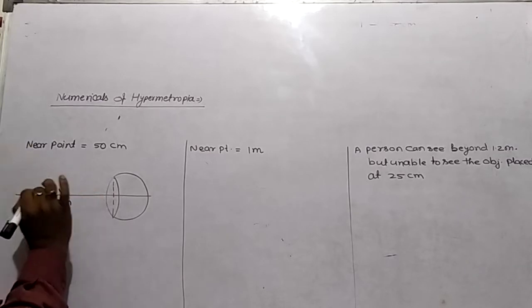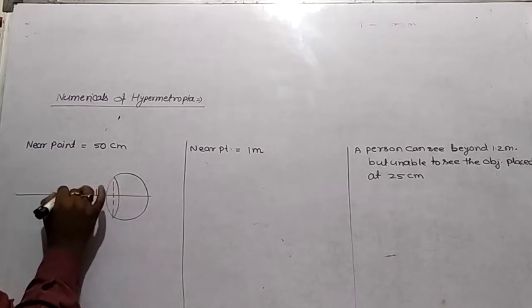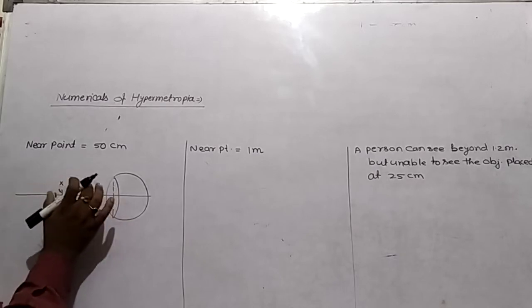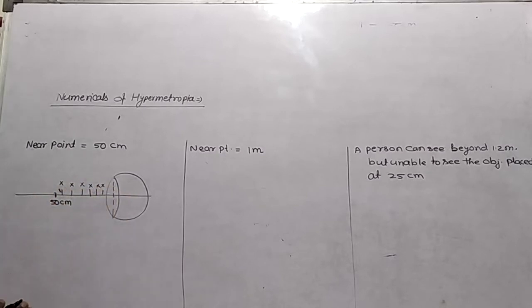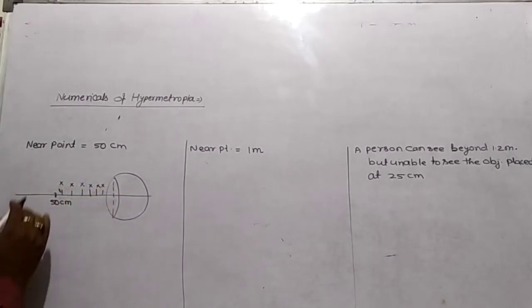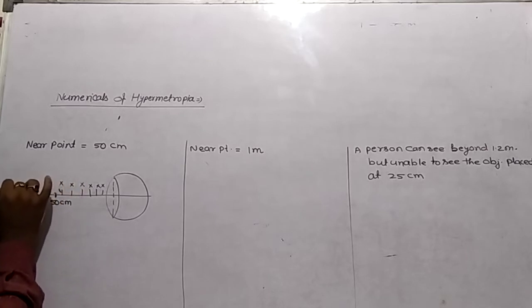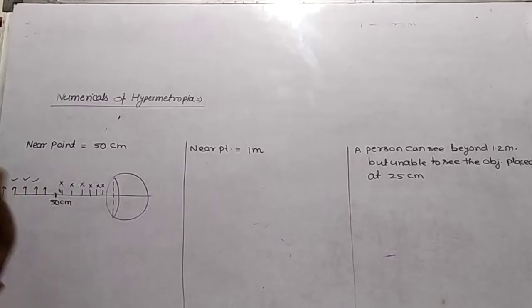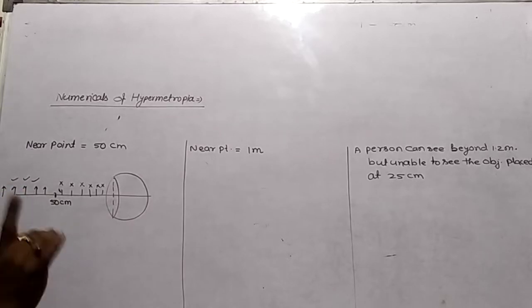When the object is placed at any of these places, beta, it is not seen clearly. But when it is placed beyond 50 centimeter, it is seen clearly, beta. You know, the minimum distance from which an object can be seen clearly is called least distance or near point.